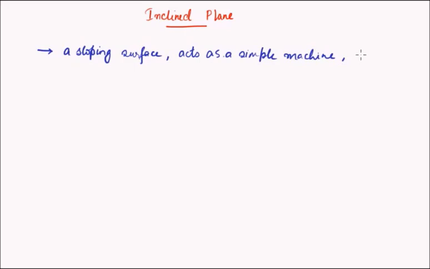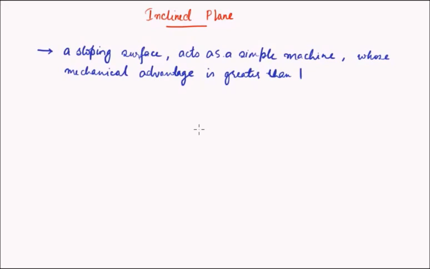Therefore, it is a machine whose mechanical advantage is greater than 1. Why so? Because the effort required is less than the load, and mechanical advantage is the load upon effort. Therefore, this inclined plane always has a mechanical advantage greater than 1.